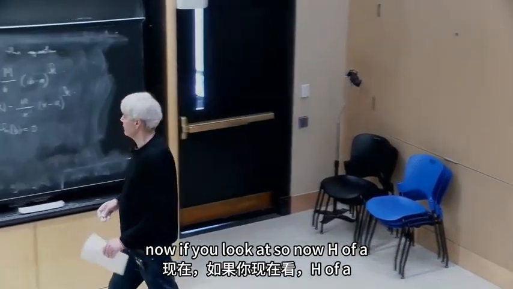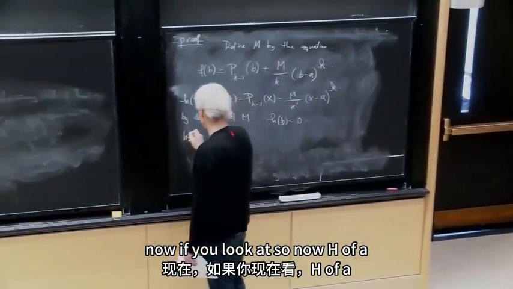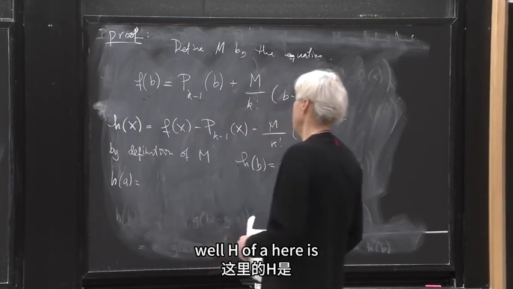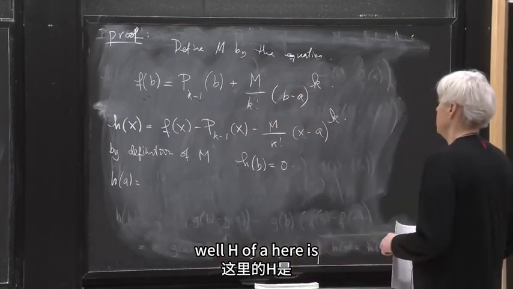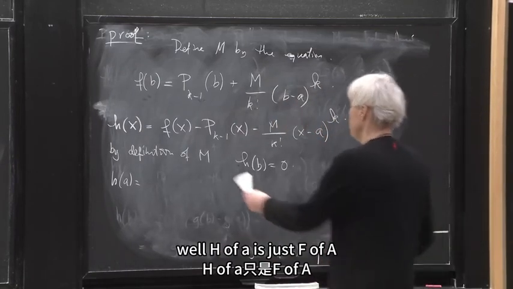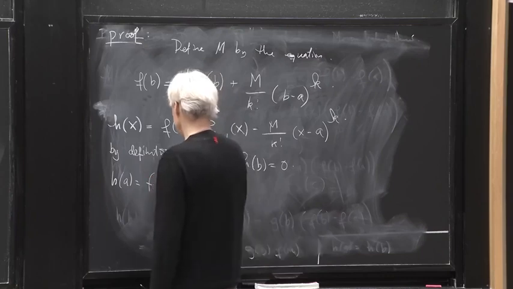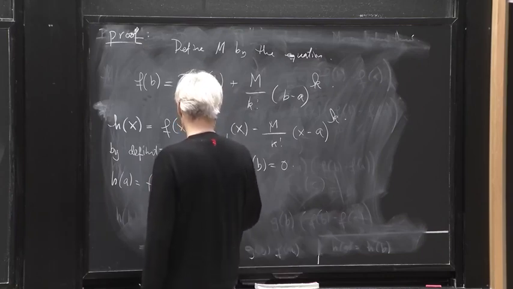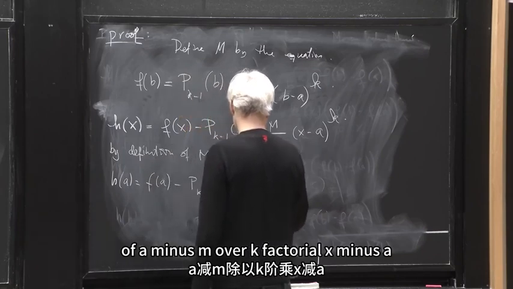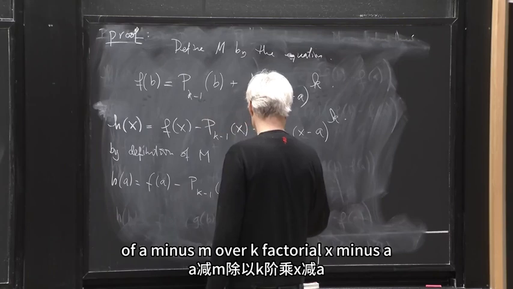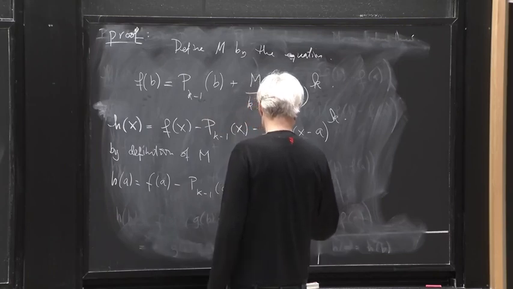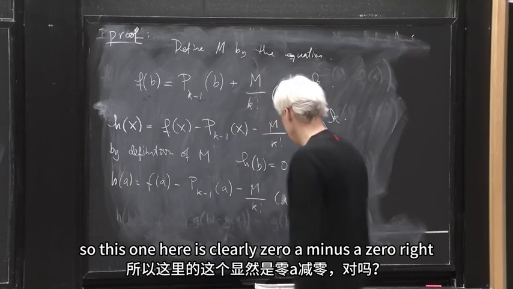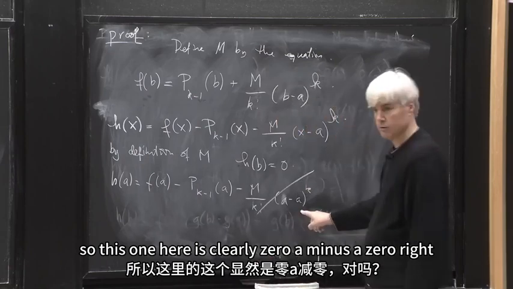Now if you look at h of a, h of a is just f of a minus p k minus 1 of a minus m over k factorial times a minus a to the power k. This one here is clearly 0, a minus a is 0.